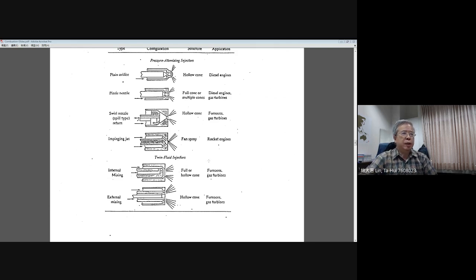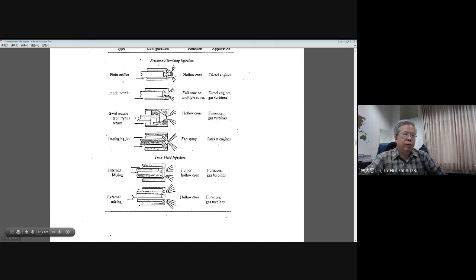For example, in this kind of twin fluid injector, the idea is very similar to the fan spray. They try to bring these two fluids impinging together to produce large mixtures. But the impinging point or mixing point will occur in different positions, so we give different names.